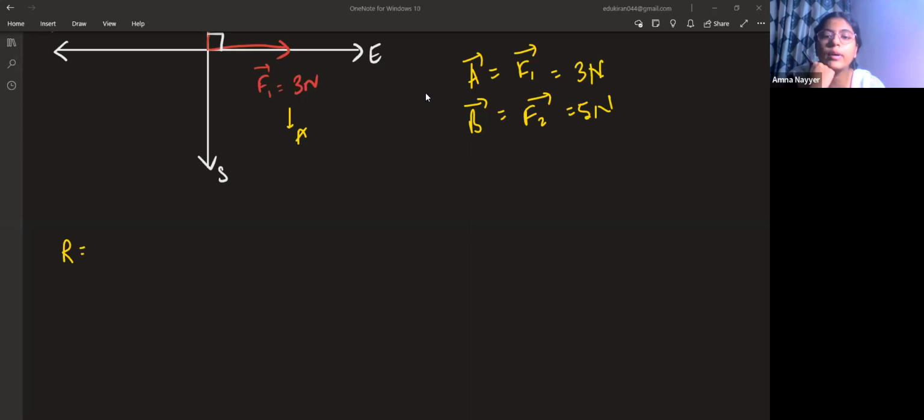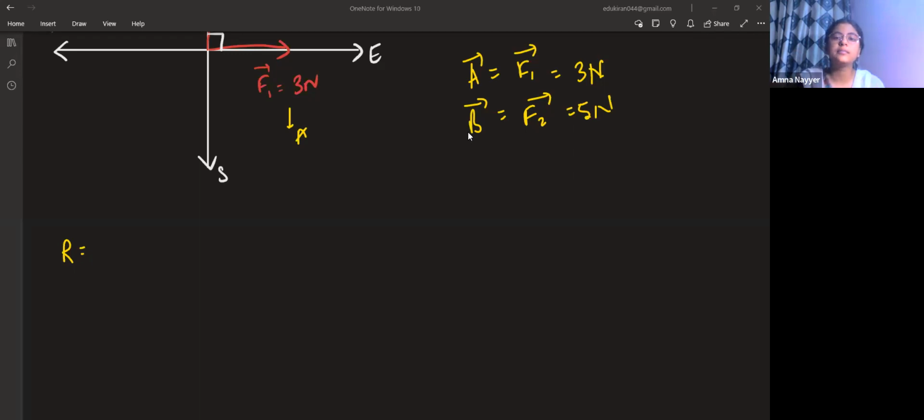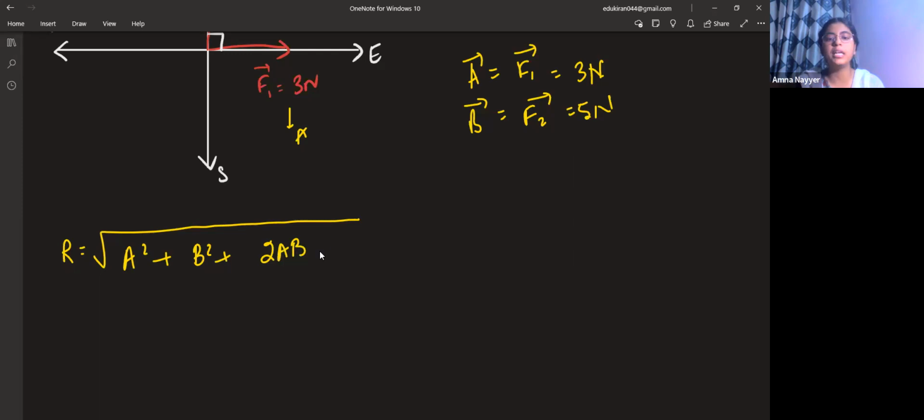Under root a square plus b square plus 2ab cos theta. Very good. So formula of magnitude of resultant. This in the last class only we had seen. This is under root a square plus b square plus 2ab cos theta. This is the formula which we write. Now coming to the substitution of these formulas.